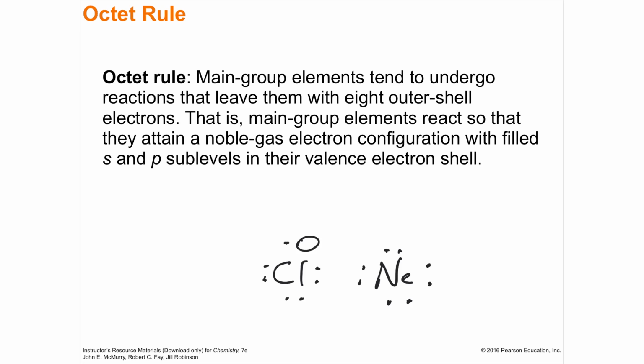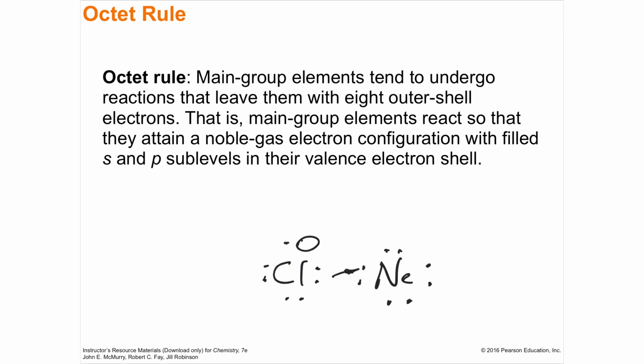Its octet is not filled. It's an incomplete shell, and because it's an incomplete shell, it will continue to react until it has a configuration equal to neon. As soon as it's like neon, it's stable and it stops reacting.